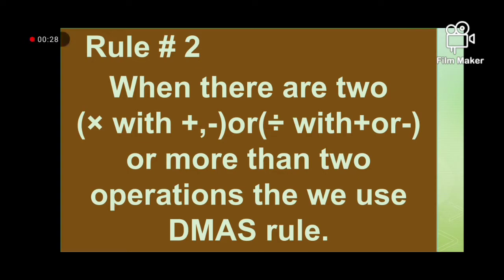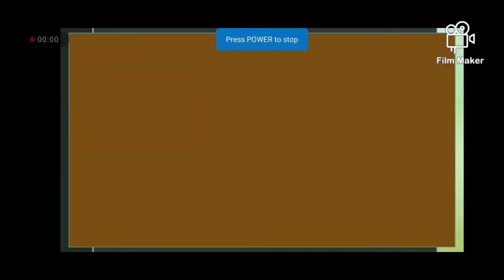It means when we have more than two operations with multiply or divide sign, we use DMAS rule, because in that type of expressions we have multiple operations, and when we have multiple operations we use DMAS rule. Now let's revise what is DMAS rule.